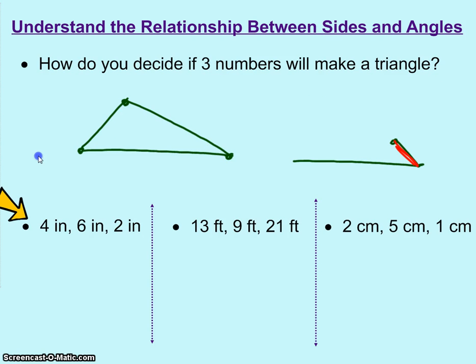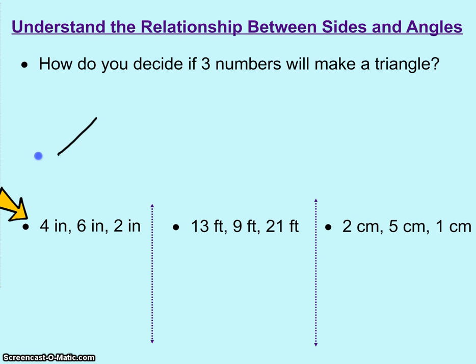Okay, so I already have a couple pictures here. If I look at this first triangle here, I have one side, a second side that's a little bit longer, and a third side. Those are three pieces that obviously form a triangle.